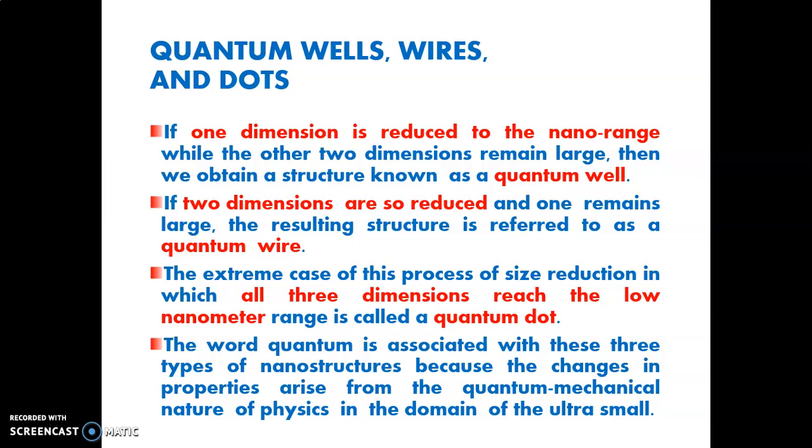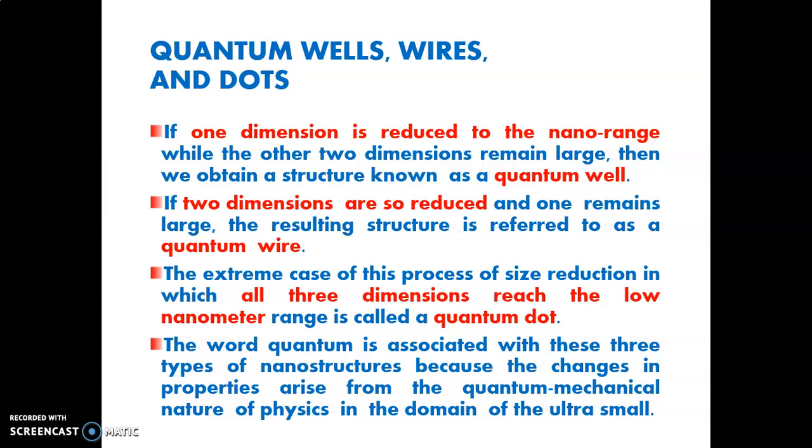That is the extreme case of this process of size reduction, in which all 3 dimensions reach the low nanometer range. That type of particle is called a quantum dot.